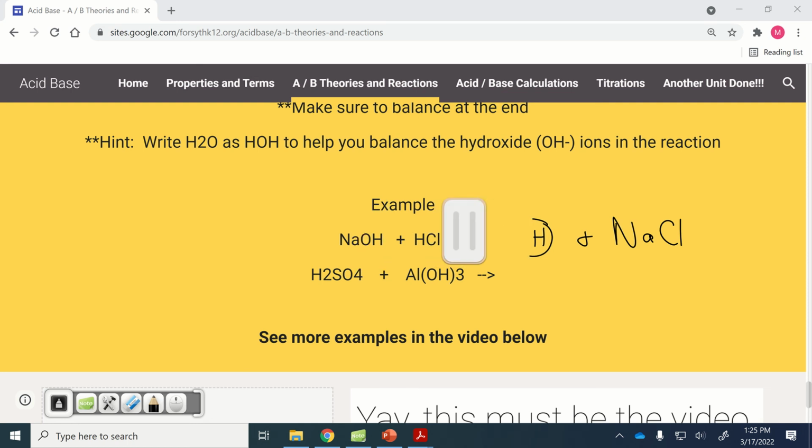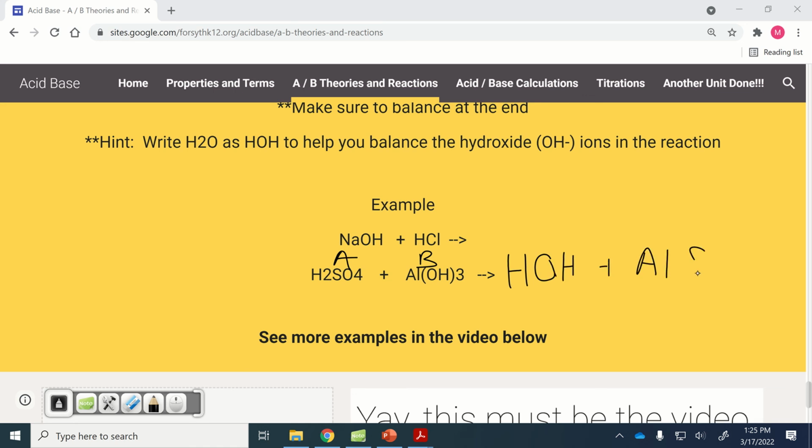The second one is H2SO4 plus Al(OH)3. Hopefully you can clearly see I have an acid and a base, so it's going to be double replacement. HOH plus AlSO4. I'm just bringing my ions over. This is not correct yet.